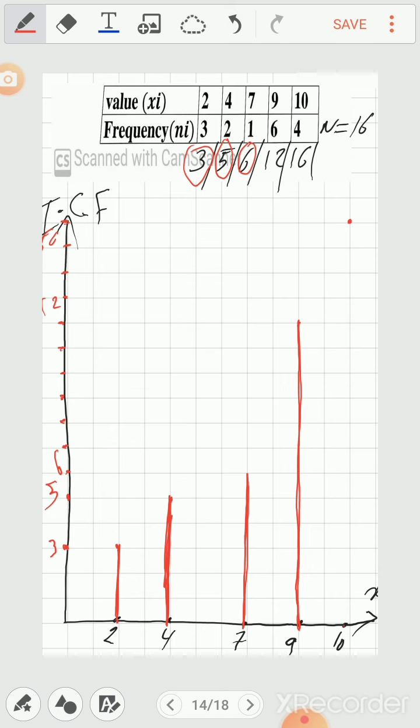So at 10, the bar graph is 16. It is a straight line. This is the bar graph of increasing cumulative frequency, or the histogram of increasing cumulative frequency.